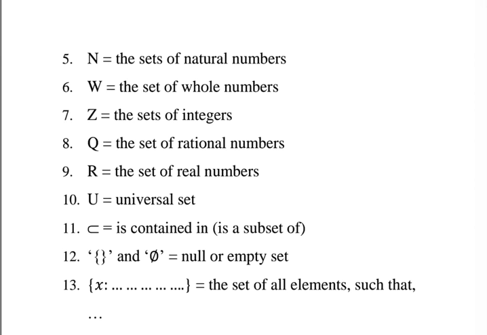The symbol here at 11 means is contained in or is a subset of. So the set A, which is the set we defined earlier, A, E, I, O, U. I could easily say that the set little a is a singleton set.